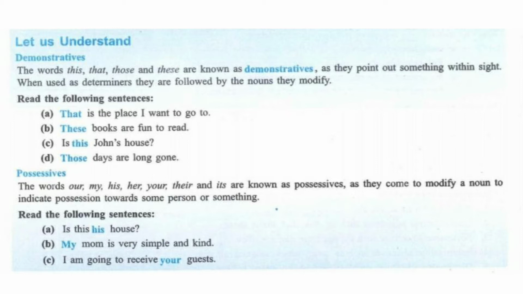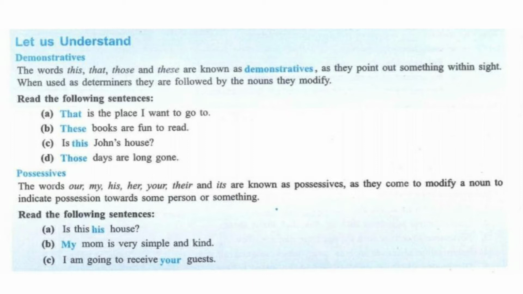Now possessive. The words my, his, her, your, their, our, and its are known as possessive as they come to modify a noun to indicate possession towards some person or something.